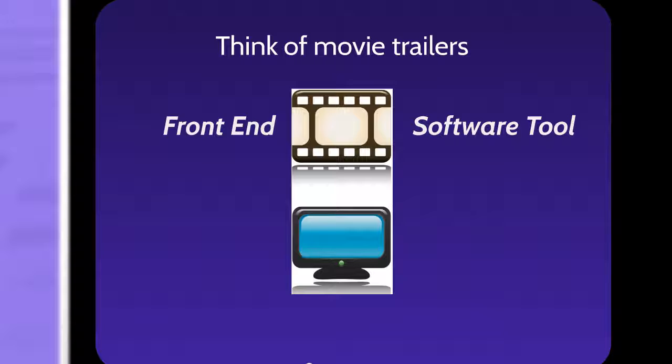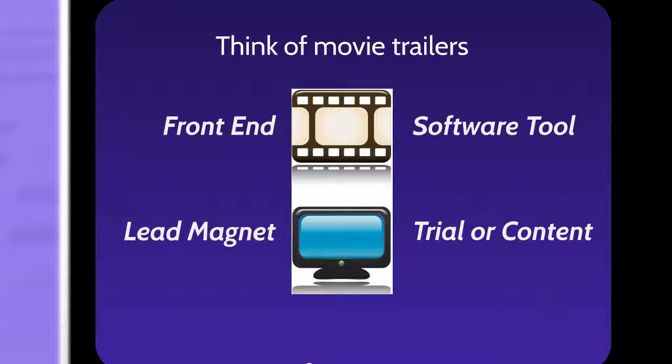If it's a piece of software, then we start with the front end offer, we move backwards, and then of course we create the lead magnet. The lead magnet could be a software trial or a software demo where it shows a piece of the whole. So they can check it out, they can use it.